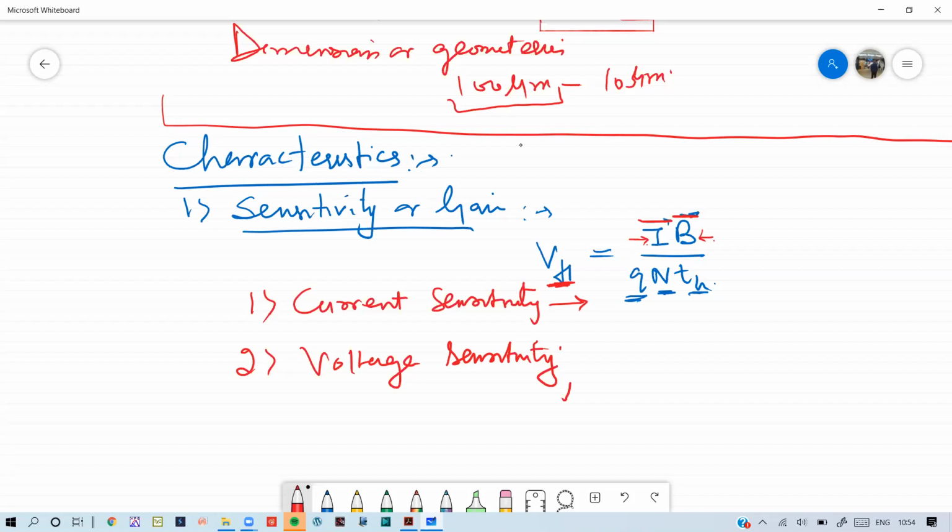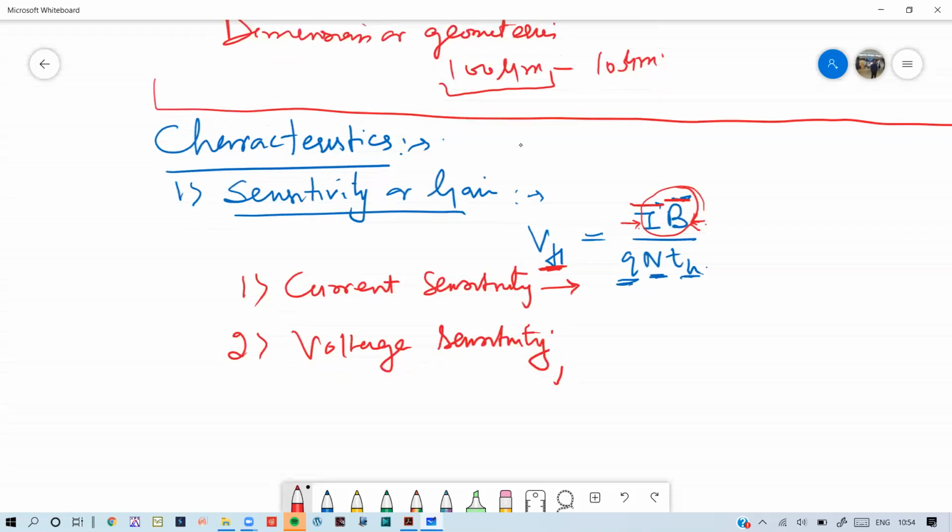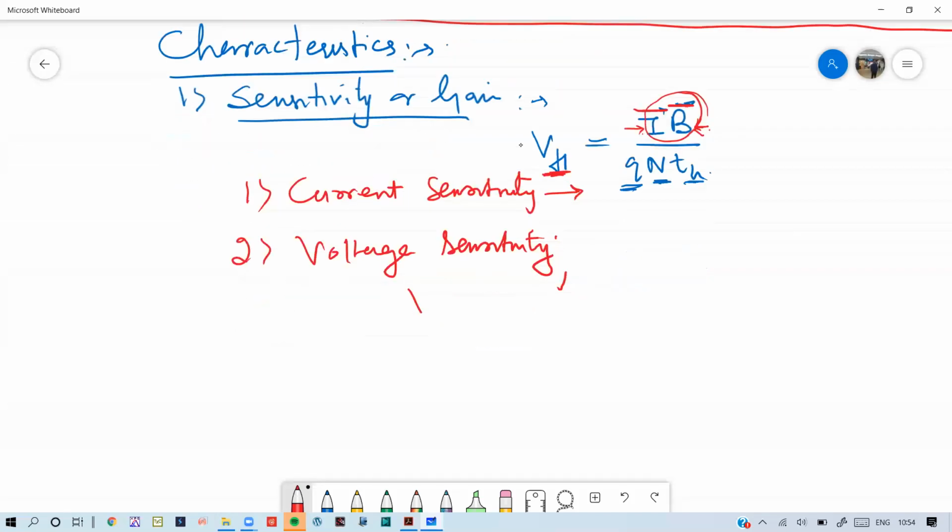Because we are changing either the current or the voltage, I or B. So we are measuring volts per Tesla, because the magnetic field we are keeping constant.